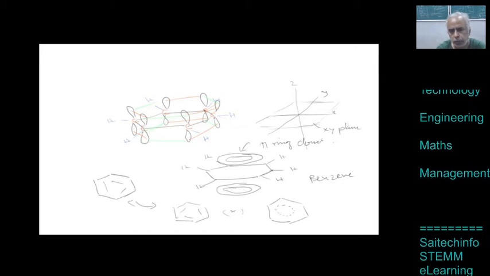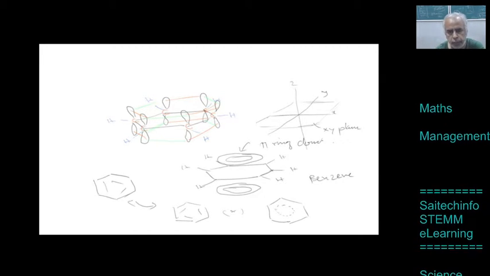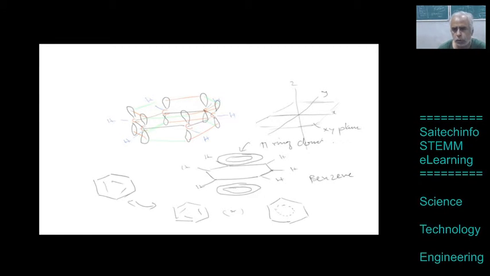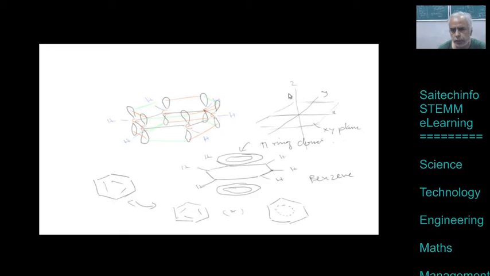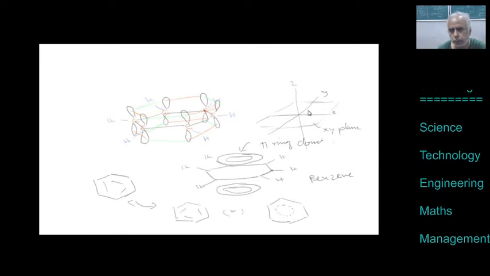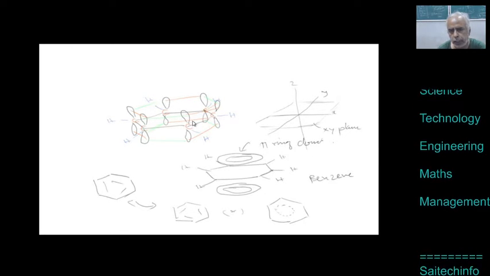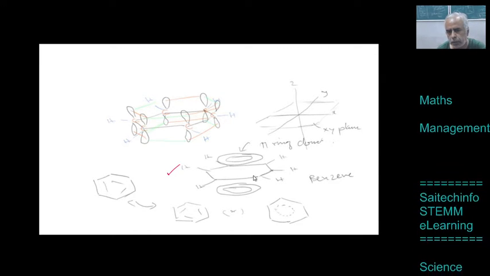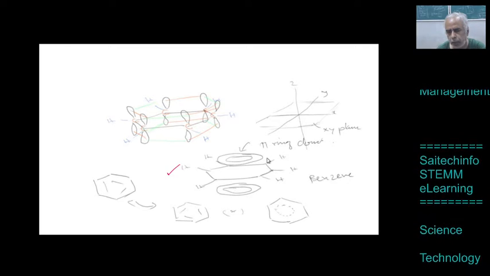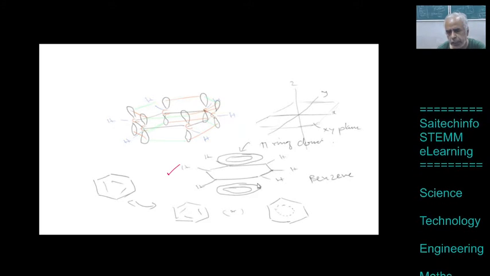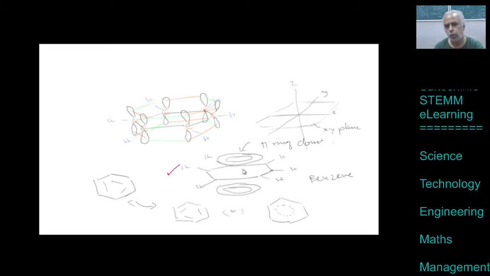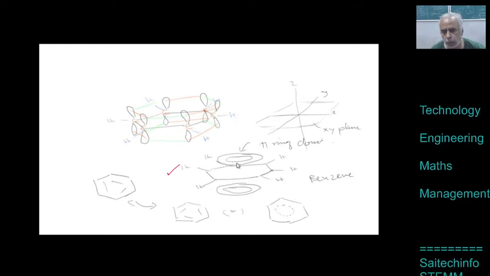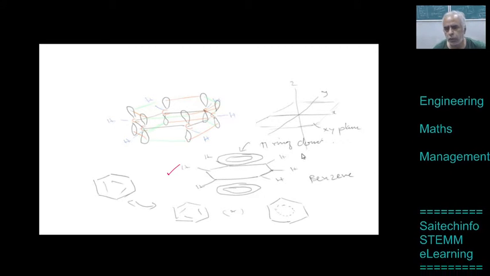So we have the benzene on the XY plane, the floor plane, and I have indicated the XY plane here, assuming this is X, this is Y, this is Z. And since each atom has a pi orbital, and all these orbitals are delocalized above and below the benzene ring, this is something like a ring cloud, and that is why it's called the pi ring cloud.